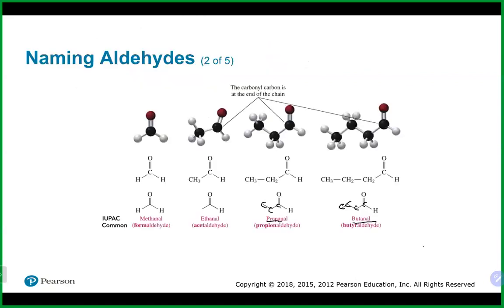All right. So as we can see here, looking at these, this is our methanol. It has 1 carbon. This is our ethanol, which has 2 carbons. 1, 2, 3 is propanol, and obviously 1, 2, 3, and 4 is butanol, again named after butane.